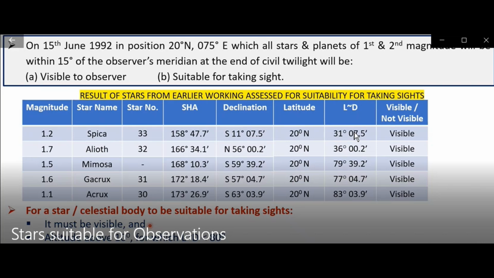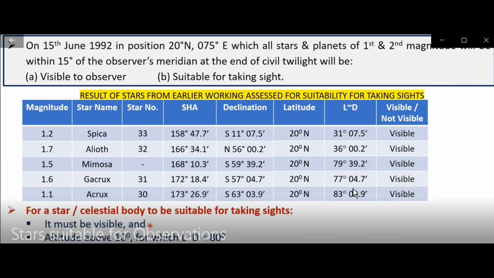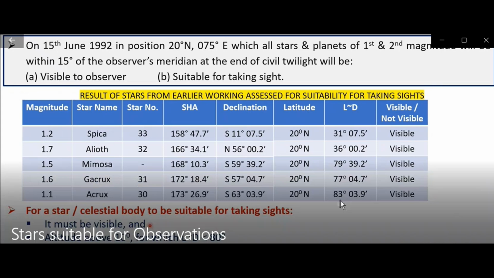So now we check, out of these stars, first 4 stars L difference D is less than 80, but Acrux, the last star in the list, L difference D is greater than 80. So this particular star will not be recommended for the purpose of sight taking.